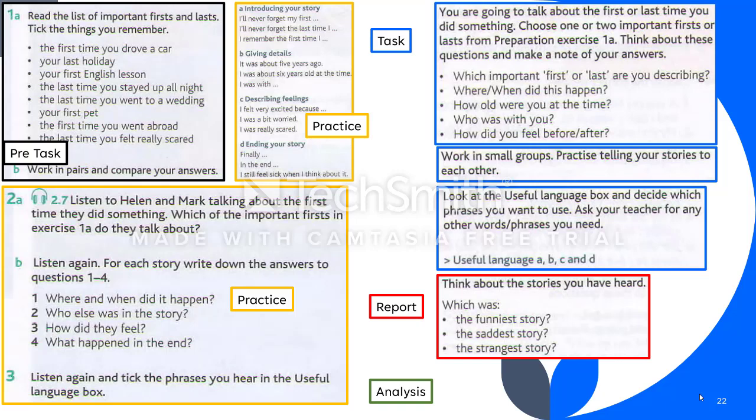How could the stages be moved around to follow the strong form of TBLT? Please take a few seconds to think about how you would reorder these stages. Let's take a look at it together. In the strong form, we first have the pre-task.